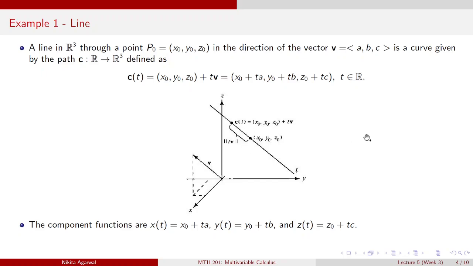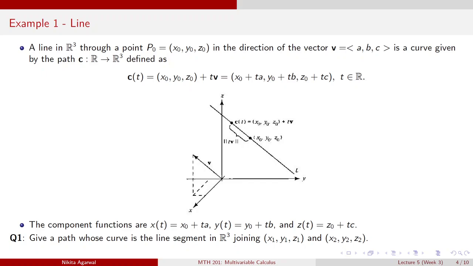Now let me pose 2 questions that I would like you to think about. So this is a line passing through a point in the given direction, but we also looked at the point-point form. So the question is: give a path, meaning give a function whose curve, meaning whose image, is the line segment in R3 joining these 2 points.